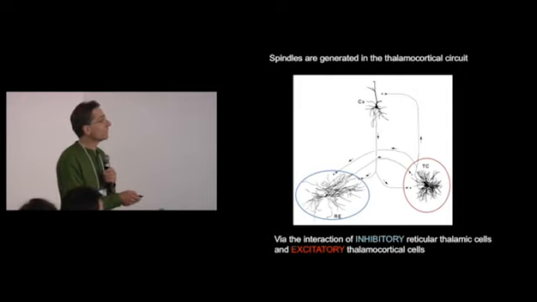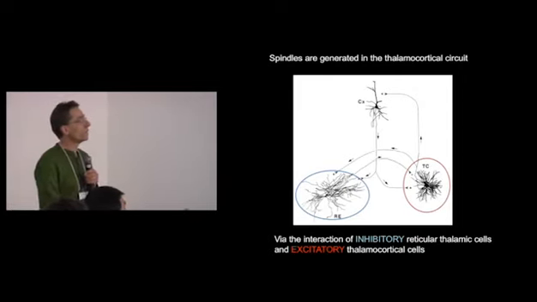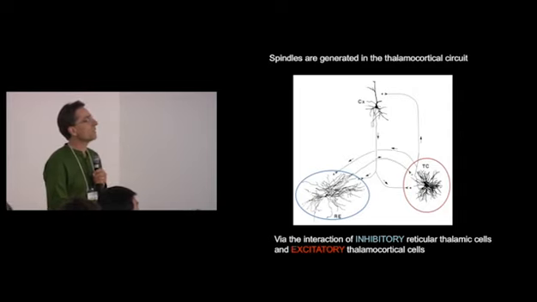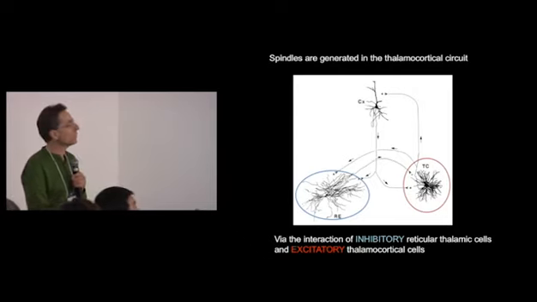Sleep spindles are generated in the thalamocortical circuits. Just to make it very brief, the circuit consists of excitatory thalamocortical cells, the thalamic cells which project to the cortex, also excitatory corticothalamic cells, and there is a major player here, the reticular thalamic nucleus. These are inhibitory cells which are innervated both by thalamocortical and corticothalamic cells.